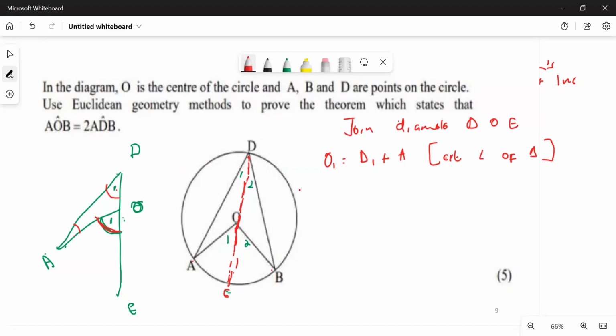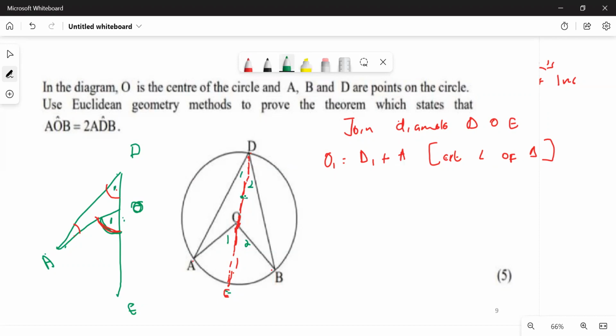Okay, what else do we have then? But remember, what is OD? What can you call this line here? It's a line from the center to the circumference. What do you call a line from the center to a circumference?